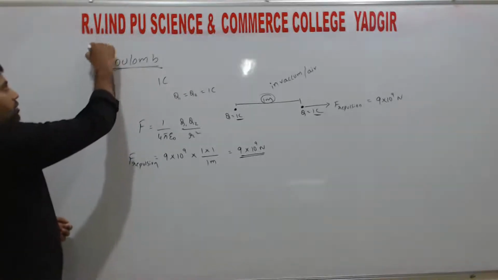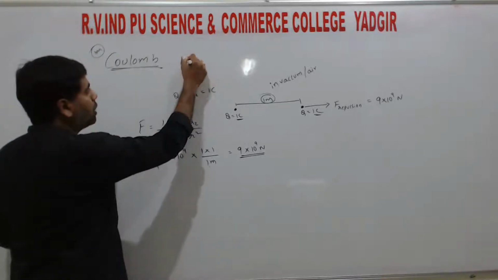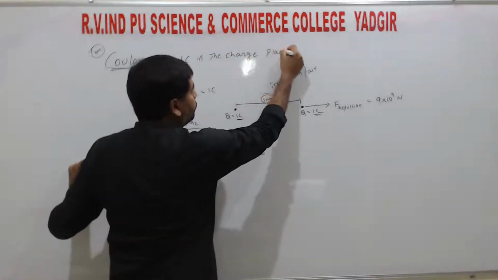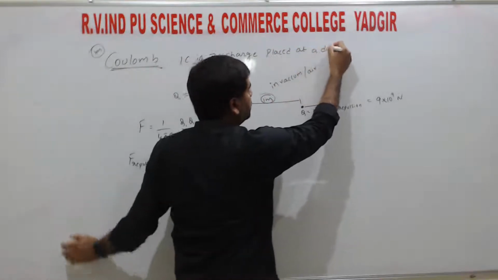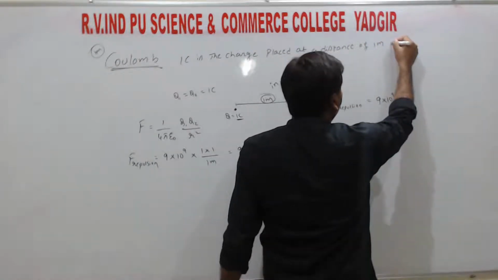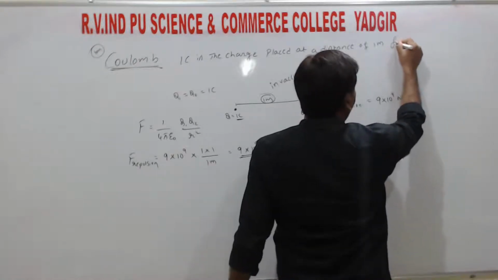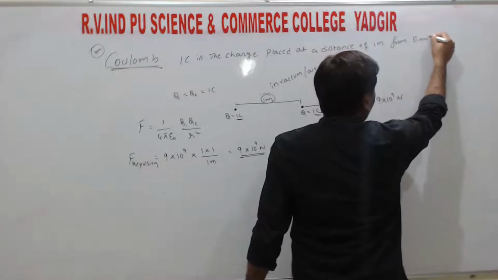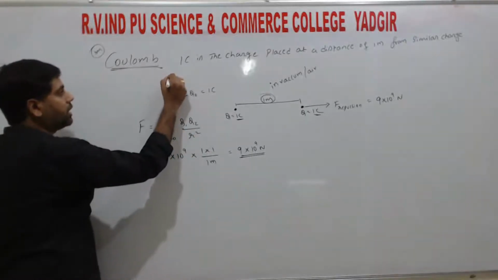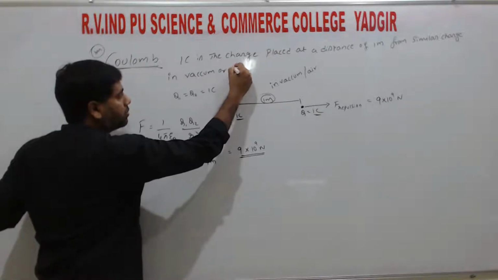So it is important for 1 mark. Several times they ask you to define Coulomb. So 1 Coulomb is the charge placed at a distance of 1 meter from a similar charge, of the same kind, in vacuum or in air.